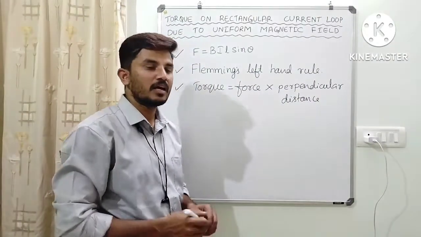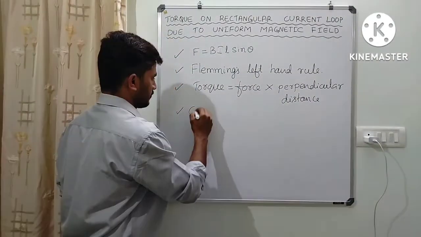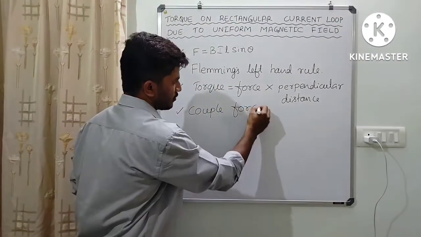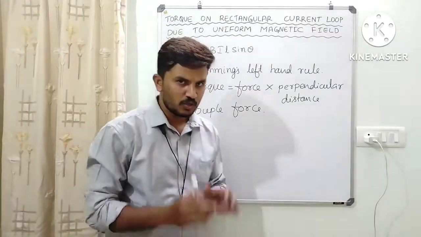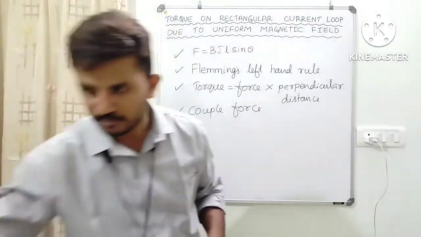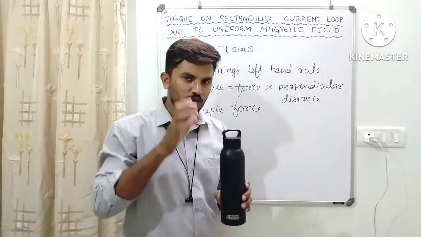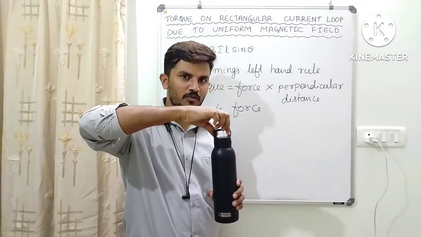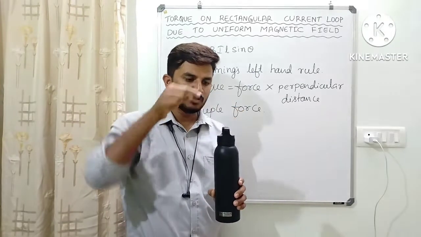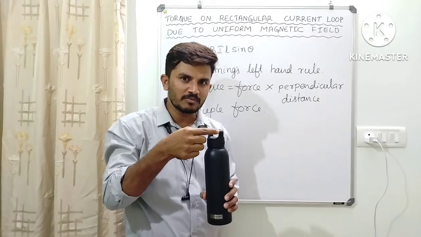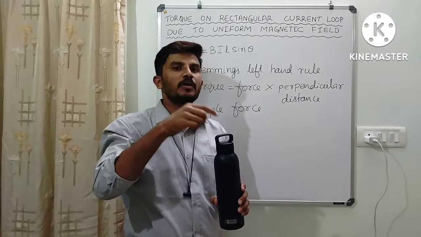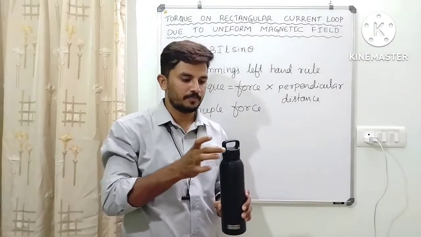Then a couple force. Where do we find this couple force? Look at this water bottle. If I try to open the cap of this water bottle, I have to apply force at two different points. By using one finger I can also open it, but it will be somewhat difficult. If I use two fingers, the couple force is acting on the cap.